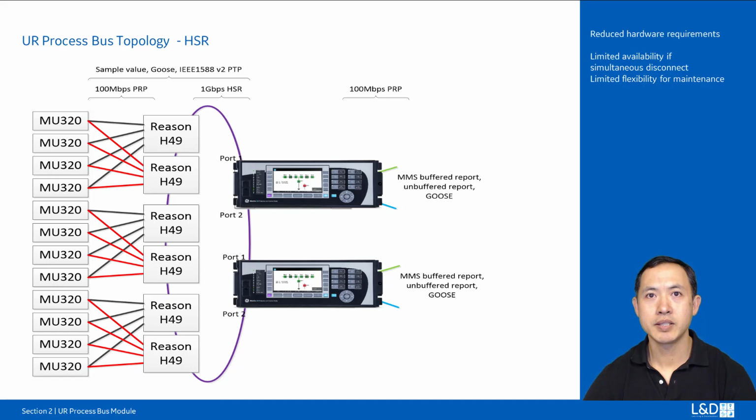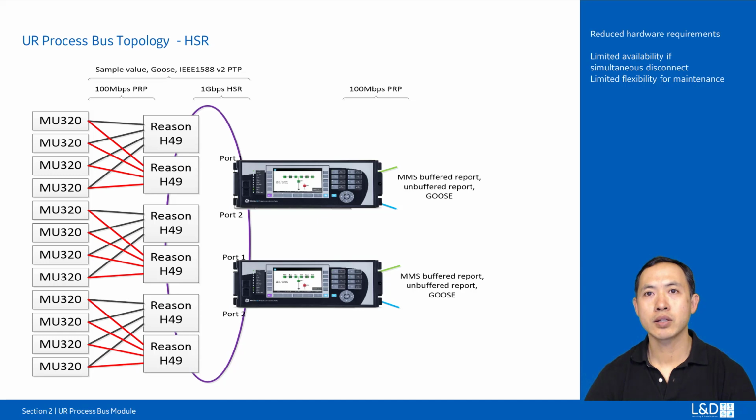High-availability seamless redundancy, HSR, is similar to PRP, which enables seamless switchover and zero recovery time during a single network failure in a substation automation network. HSR is used in network topologies with rings and rings of rings. All nodes in the ring are doubly attached.